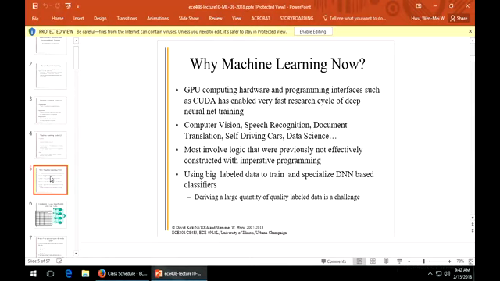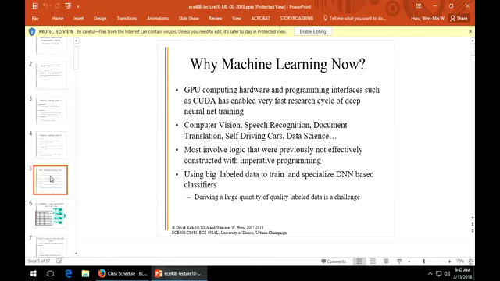So I'm going to go through some slides today to essentially give you the historical perspective, and then walk into the implementation of deep learning networks. So GPU computing: why do we have so much attention and so much resource spending on machine learning and deep learning today?